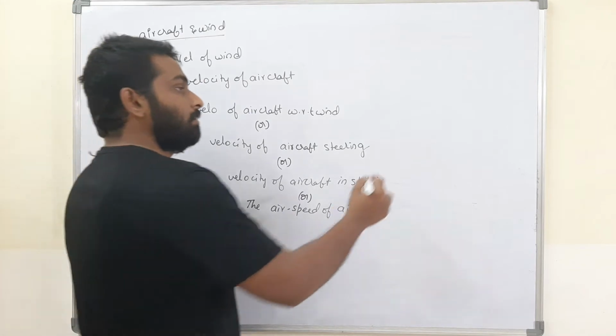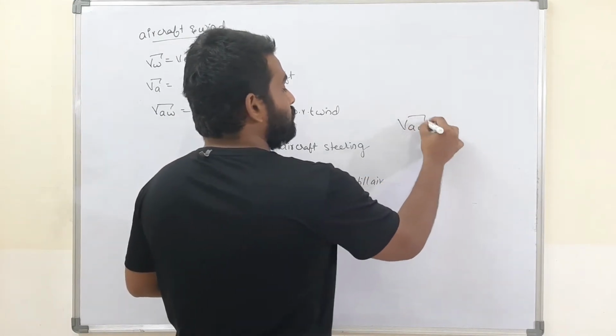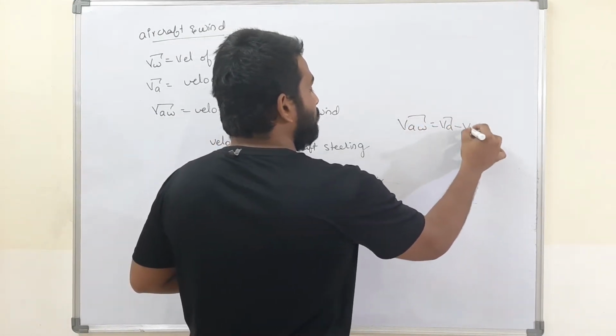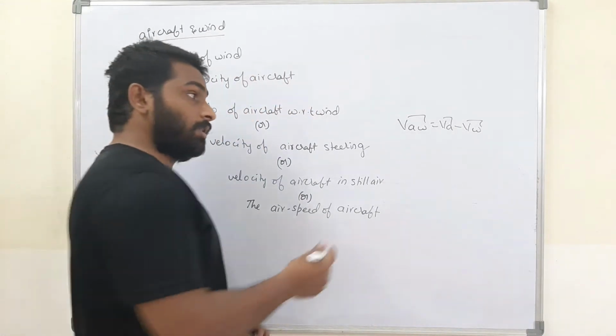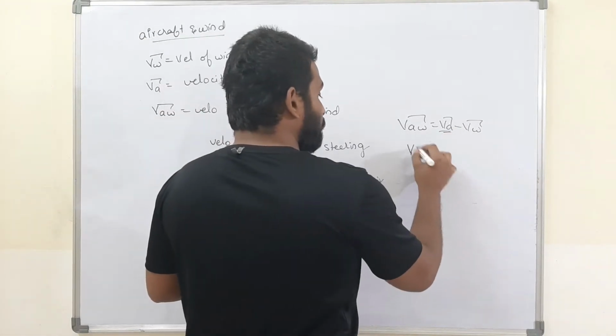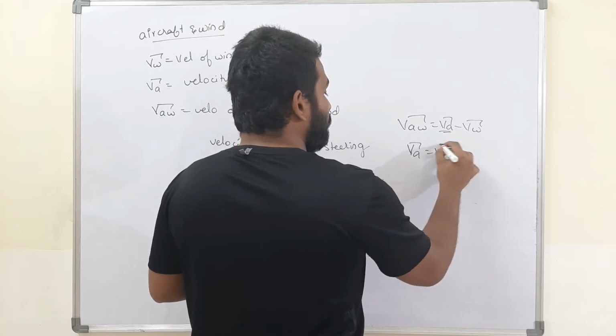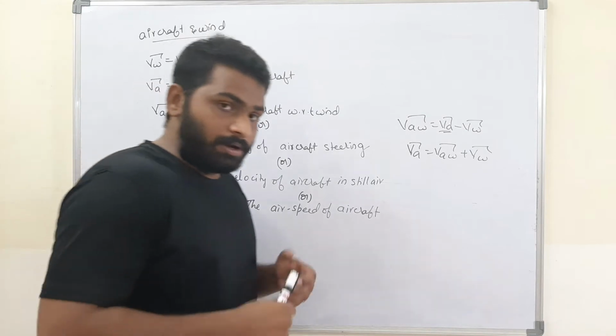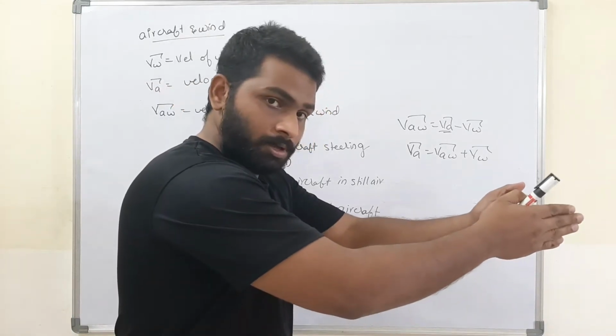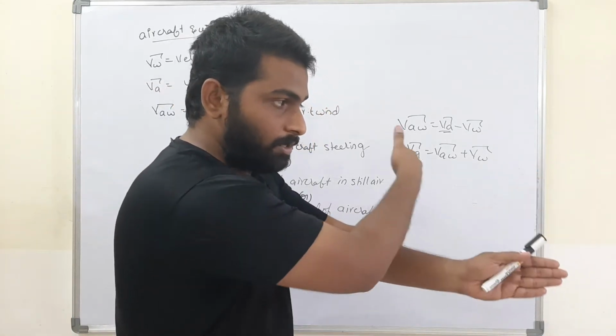Now, VAW bar is equal to VA bar minus VW bar. Already we know that in relative motion, we have studied this. Then VA bar is equal to VAW bar plus VW bar. That means the pilot is steering in this direction and assume the wind is blowing in that direction.